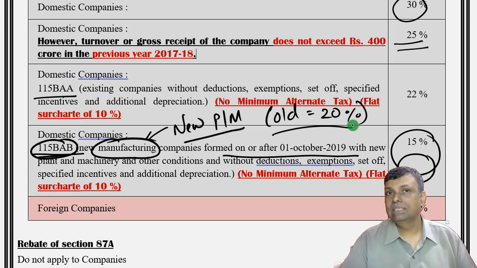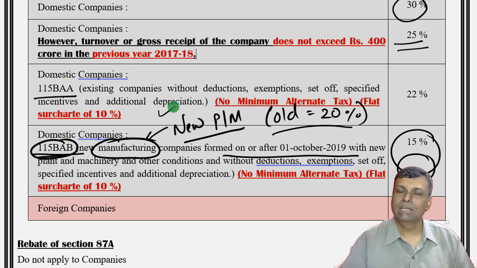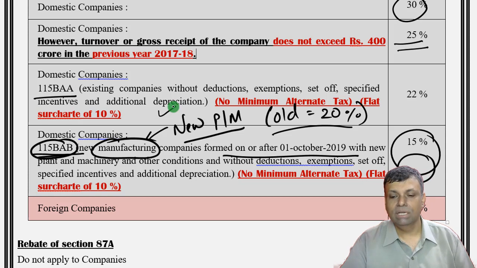And friends, if it is second hand imported plant and machinery, it will be treated as new. For example, you imported machinery from Germany and before import it was never used, nobody ever claimed depreciation in India. There are some theoretical conditions associated with that, and that will be regarded as new plant and machinery. The second hand imported plant and machinery will be treated as good as new from this particular point of view.